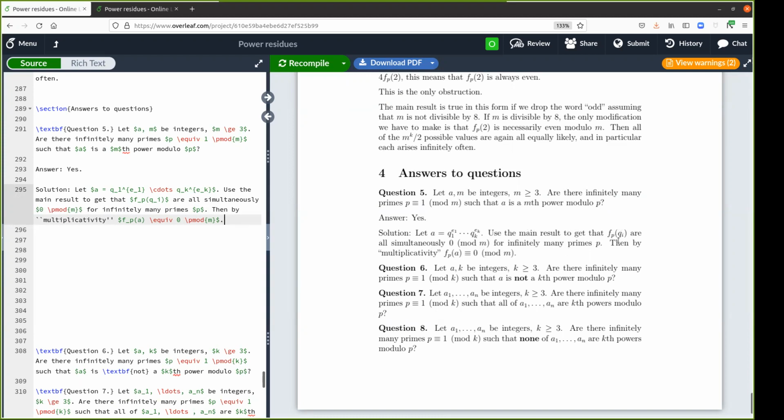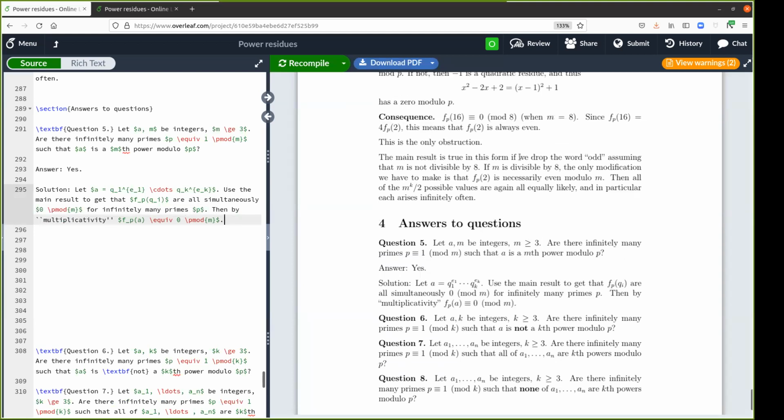If some qi is equal to 2, then we have to use the modification I gave here. I mean, the prime 2 is not a problem in this problem because we only need that fp of 2 is 0 modulo m, and that works out.